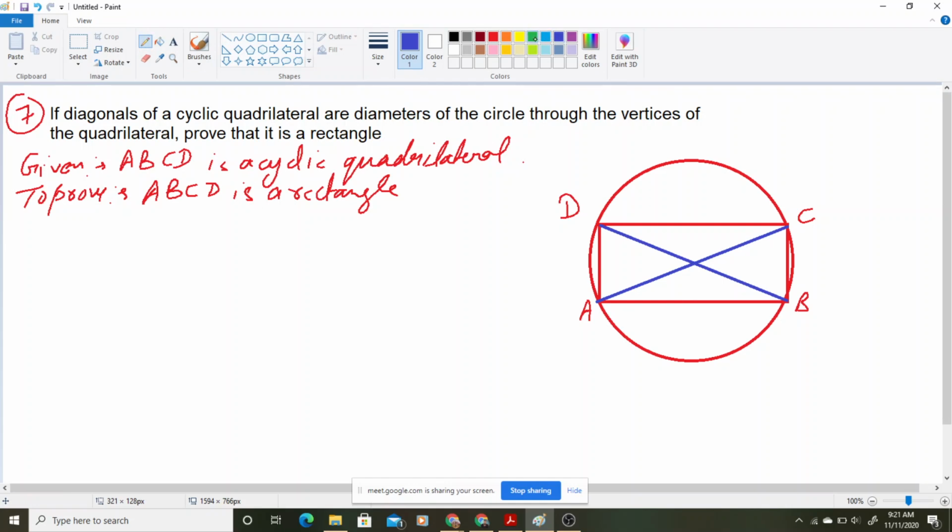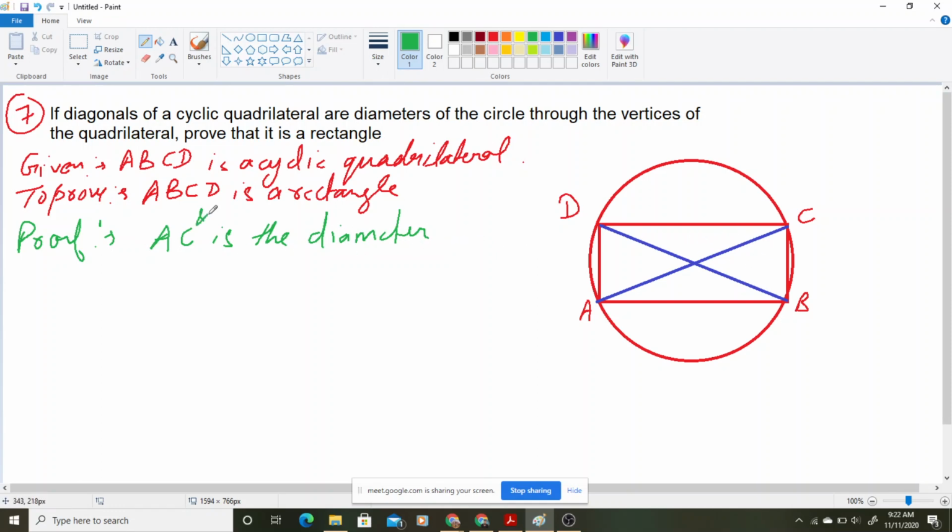देखो simple है. You will be doing, just see one thing. If this AC, I am taking about only one, you can take any one, BD or AC, कोई भी एक diameter ले सकते हो. AC is the diameter, and this BD is also the diameter.